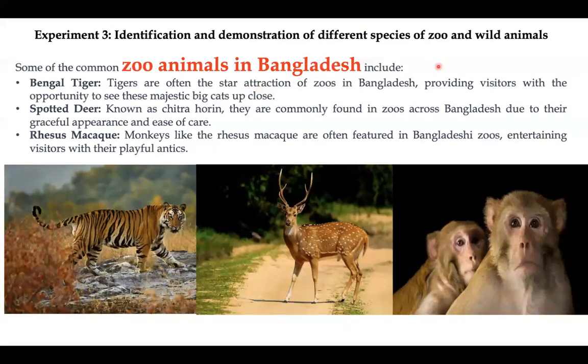So we have just covered our second experiment. The third one is identification and demonstration of different species of zoo and wild animals.